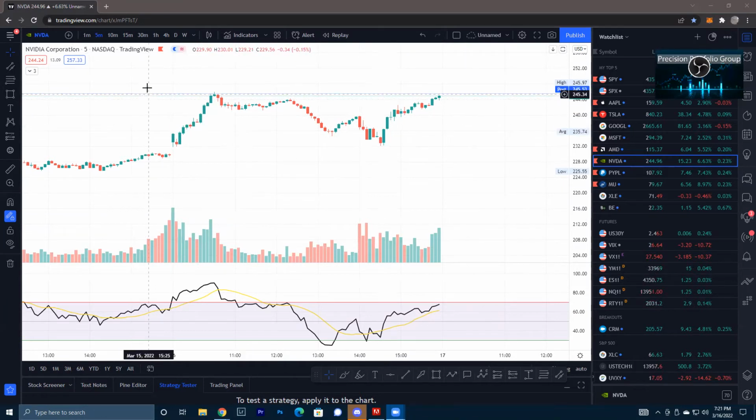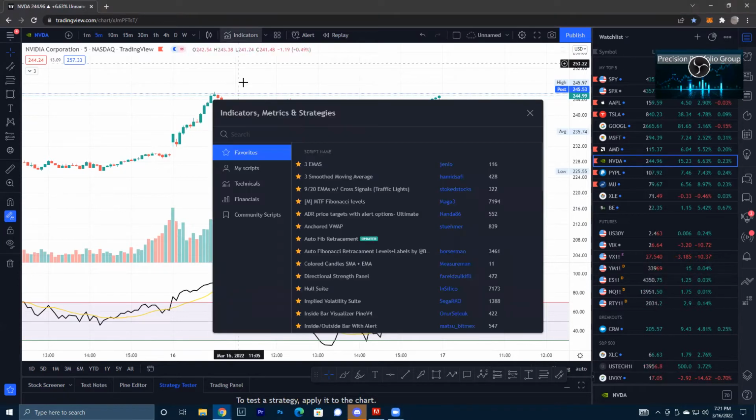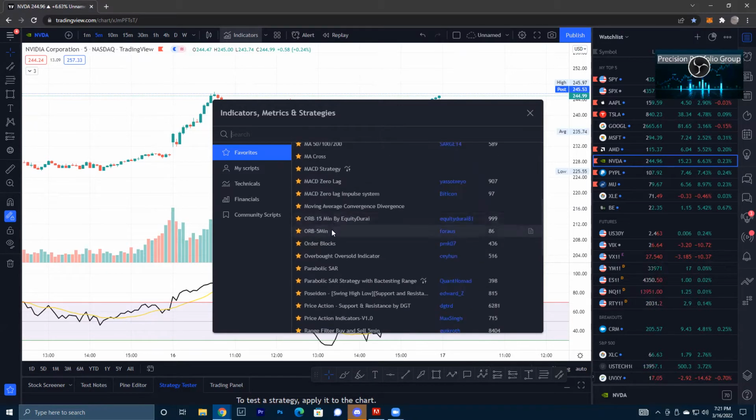First up, get your TradingView up. And what you need to do is find 3 indicators. The first indicator I want you to find is the 3 smooth moving average by Hamid Safi. The second one we will look for is called the ORB 5-minute by Foraus, I believe.